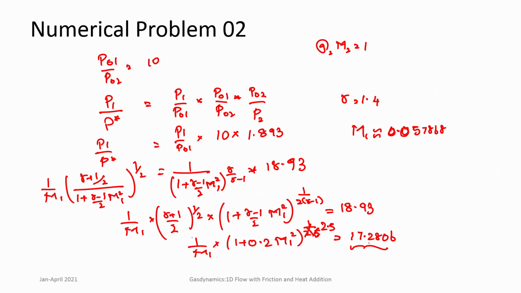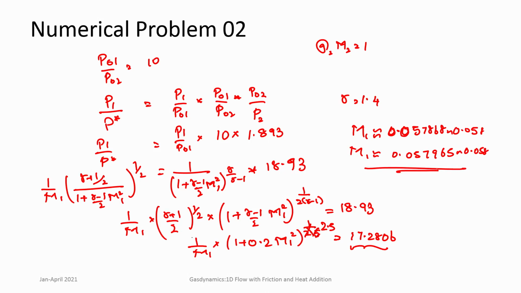So, you can do a little bit of iteration, and the exact number is very close to 0.05957965. So, you see if you take the third decimal place, they are almost the same, 0.058.